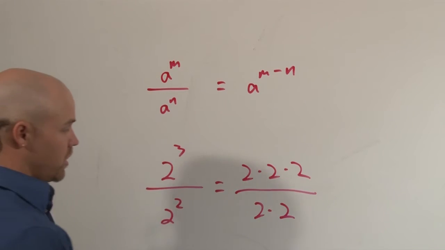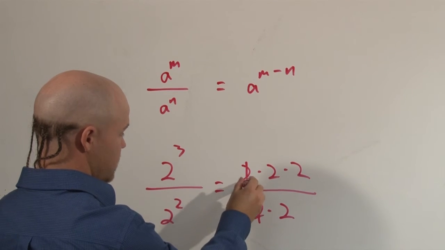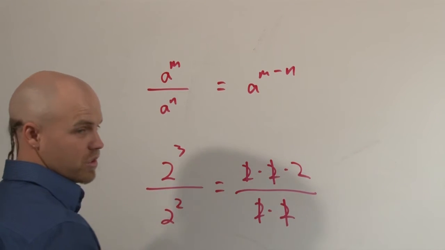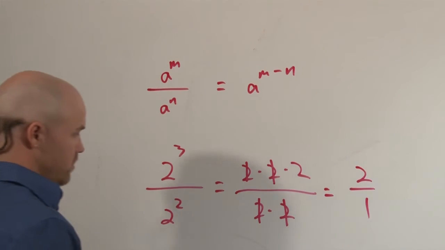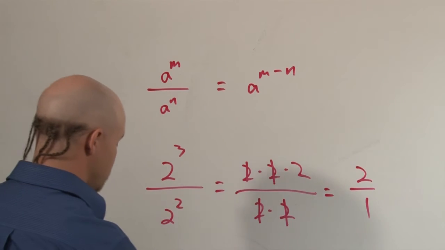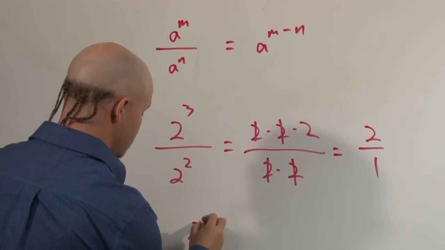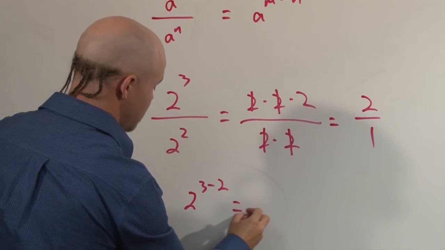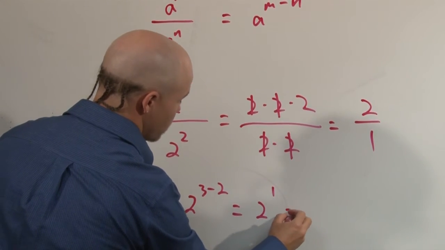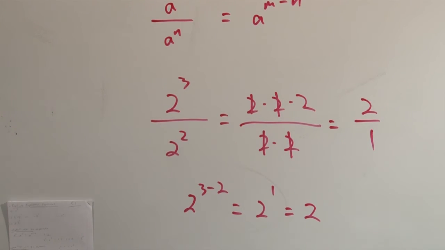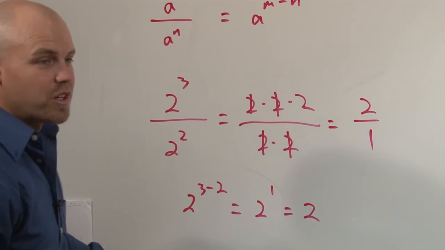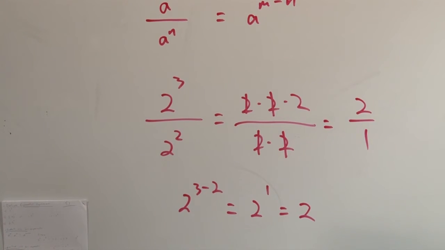And using rules from earlier, we can start canceling out factors. And when you cancel out factors, they turn into 1s. So you end up having a 2 over 1. Or we could have looked at this using our rule, saying this could have been 2 to the 3 minus 2, which equals 2 to the 1 power, or in other words, 2. This is an example of the quotient rule for exponents.